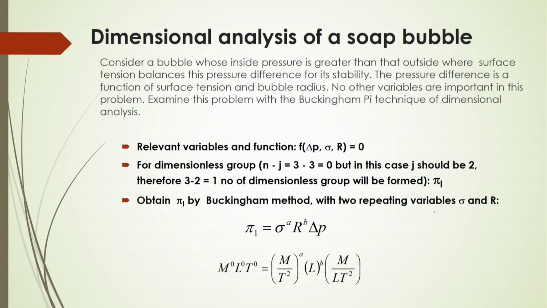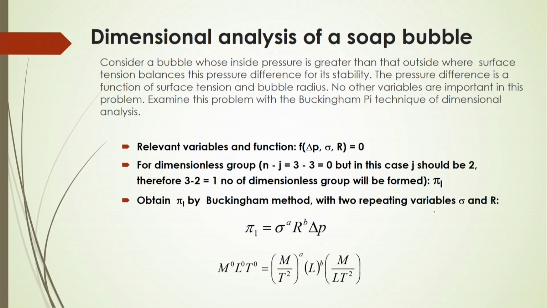The relevant variables are delta p, the pressure difference, sigma, the surface tension, and r, the radius of the bubble. We get 3 variables, but we know there are 3 fundamental dimensions. So, how many dimensionless groups? As per the definition it will be n minus j, that is 3 minus 3, which is 0. Then no dimensionless groups are formed.